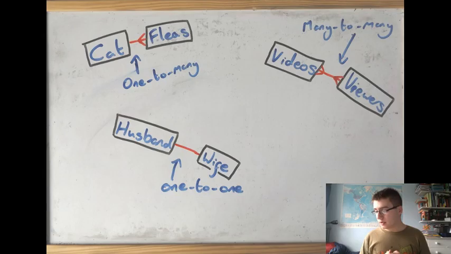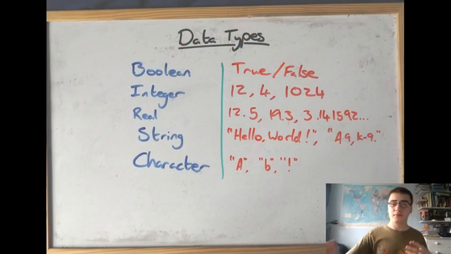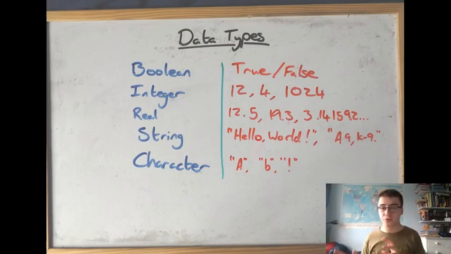Okay, so when you design a database, it must have the following things. It must have different fields, and each field must have a data type. The data types I'll cover in detail, I think in the last episode of this series, on programming. Just a quick overview: the different data types are booleans, that's true or false, integer, which is only whole numbers, real numbers, which are decimal numbers, so things you might come across more often.